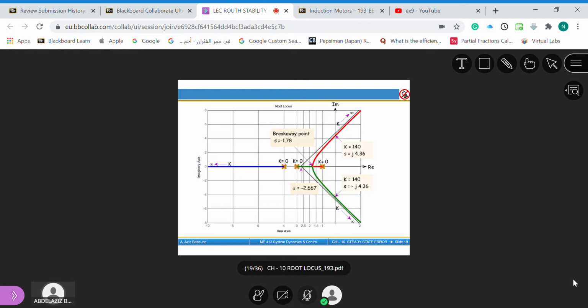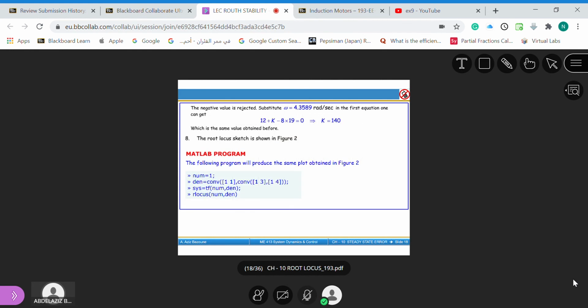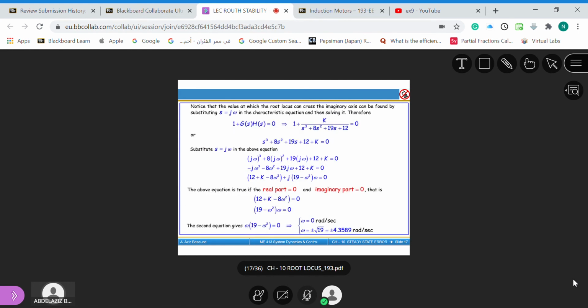At this value, we will have omega is equal to 4.36, and k at this value will be equal to 140. You can find this value just by taking the characteristic equation 1 plus k G(s)H(s), which is this one, and substituting s is equal to j omega.